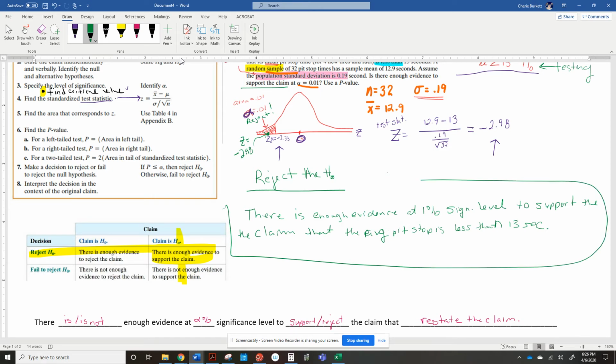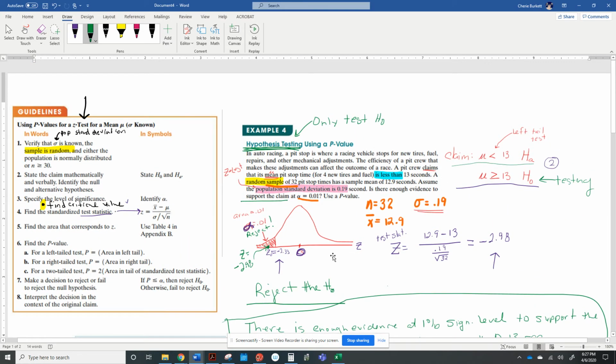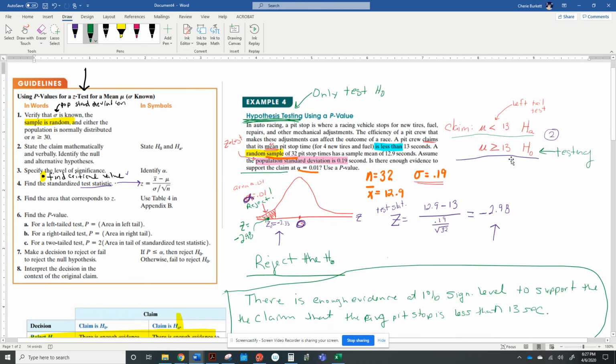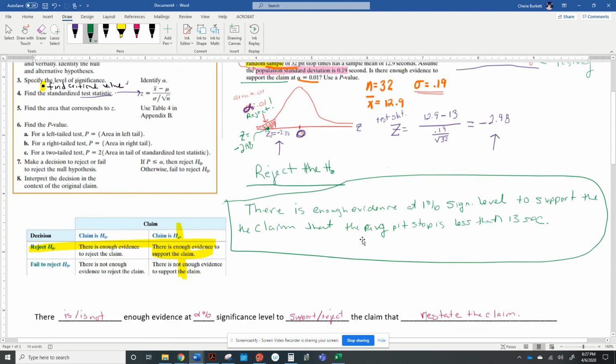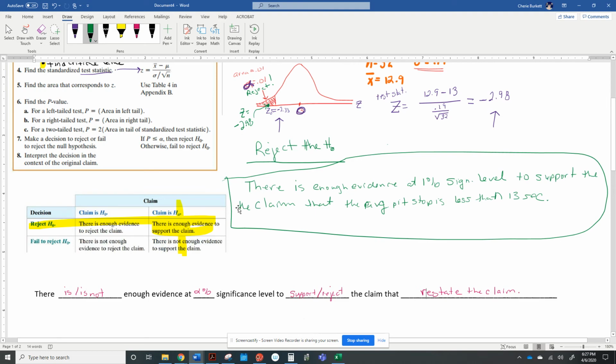And all of this other work is just the support. Okay? See what I mean? It's very involved. You have to write your claim, do your null and your alternative, decide what kind of test it is, draw your picture, find your critical value, find your test statistic, determine whether you're going to reject or fail to reject. Then you use this table right here to figure out which one of these outcomes it is.